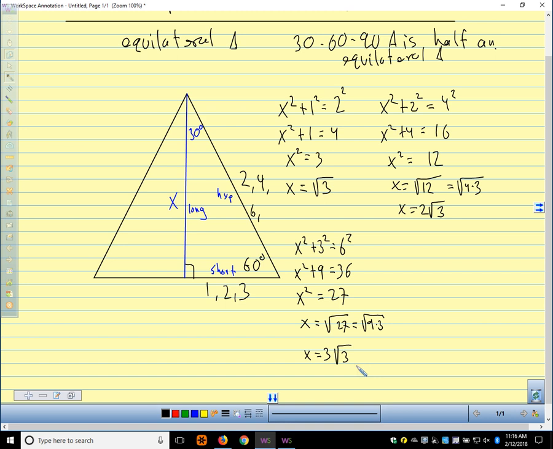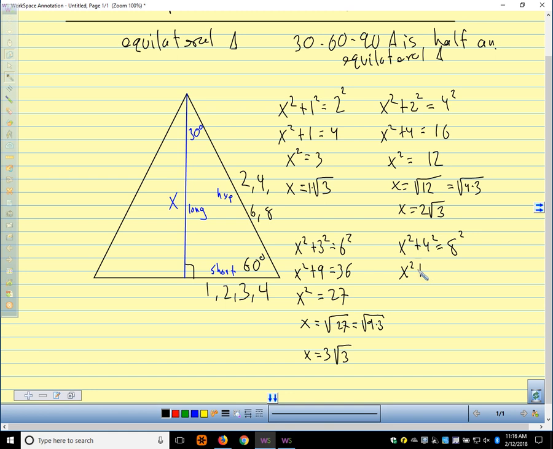They have root 3's. And what about these numbers in front? I could call this 1, 2, 3. Isn't that the short side? Let's look at one more just to double check. Call that 8. Whoops. And that makes this side 4. So x squared plus 4 squared equals 8 squared.